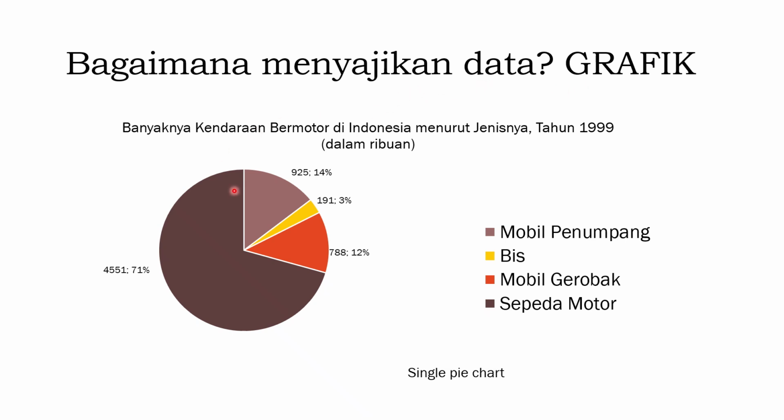The next type of chart is a pie chart, and this pie chart is very helpful for you because it can calculate for you directly the percentage value of the data.